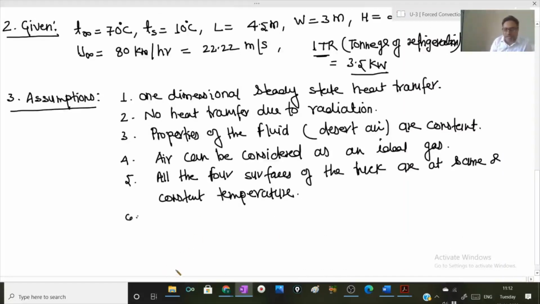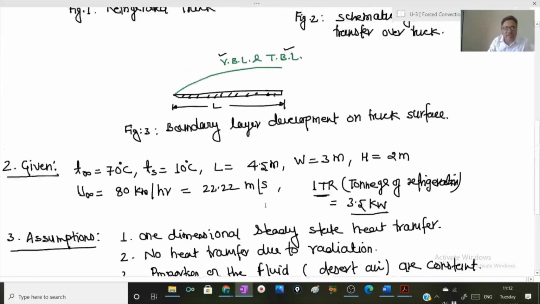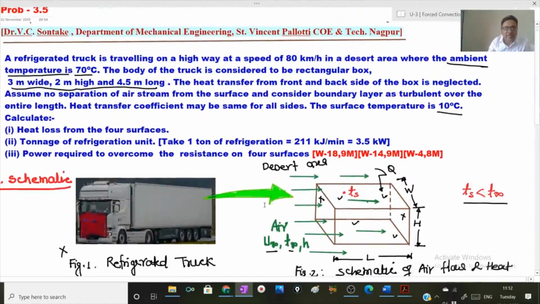Another assumption you need to take in this problem is this. This is a very important assumption because later on you can get confused why we did not consider the heat transfer from the front and back surface. So the problem is asking you to neglect this. This is one assumption. And the boundary layer is turbulent over the entire length.